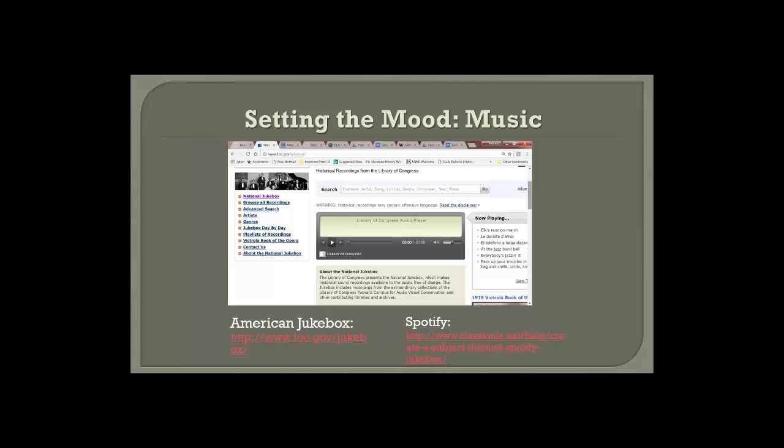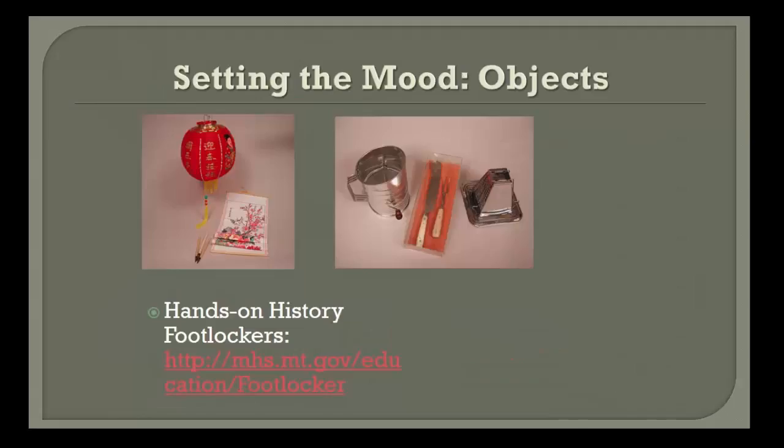Objects, I think, are really powerful too. We have these hands-on history footlockers. I've talked about them a lot before. Here's the link. There are all sorts of themes coming to Montana. That is where these pictures are from. One of them is from East Meets West. We have one on boarding schools.